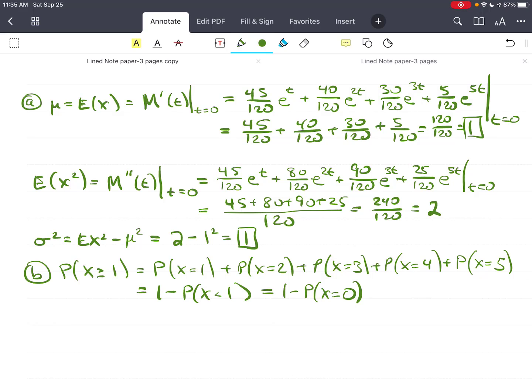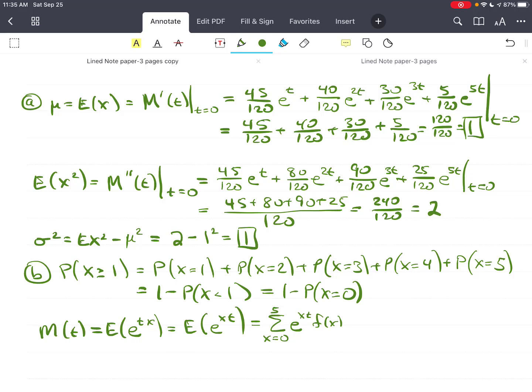Remember that the moment generating function is the expected value of e to the tx, which can be written as the expected value of e to the xt, which is going to be the sum of e to the xt times f of x, and in this case from x equals 0 to 5.